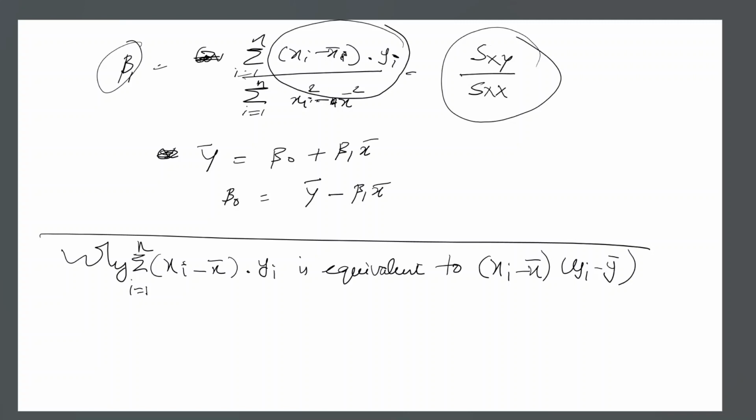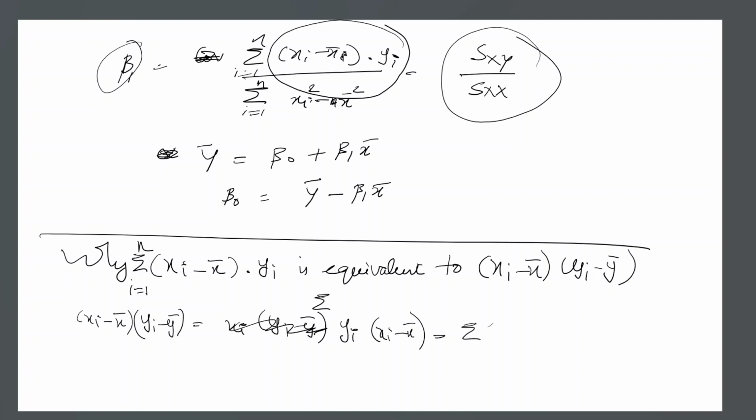Sorry, we'll go in reverse. So xi minus x bar into yi minus y bar can be expanded and written as the sum of yi into xi minus x bar, minus the sum of y bar into xi minus x bar.